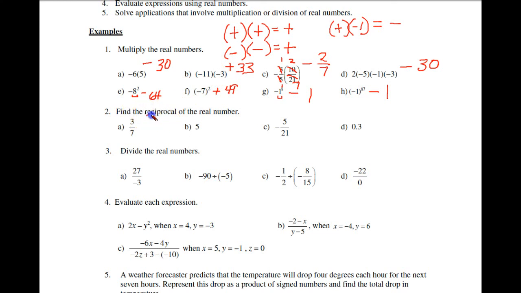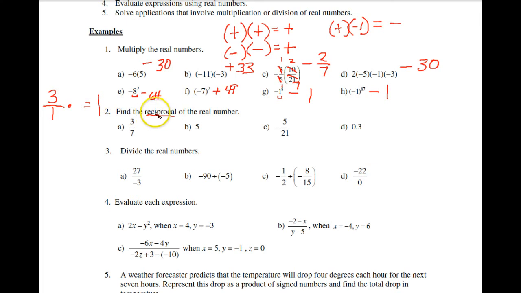All right, reciprocal. By definition, if you have a number like 3, and remember every whole number is over 1, we don't write it. What do we have to multiply 3 by so that the product is 1?